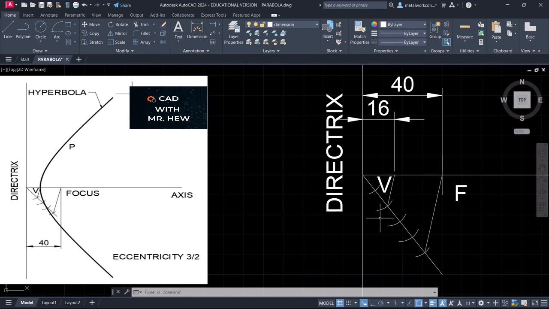So in that case, the first point will be at V. The next point, so this measurement, if this is 40 and this is 16, when you subtract 16 from 40, I believe you get 24. So what that means is that you'd have to take a radius larger than 24.